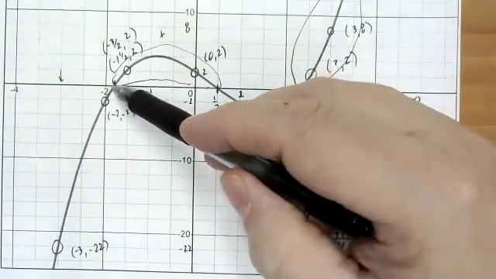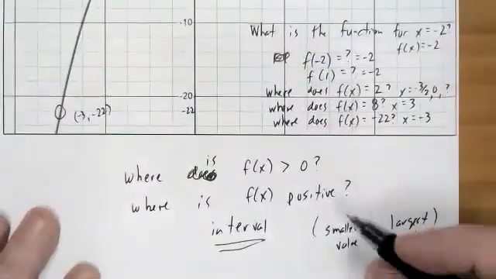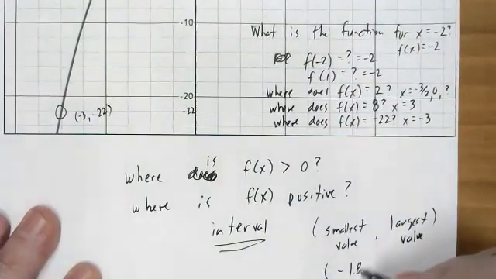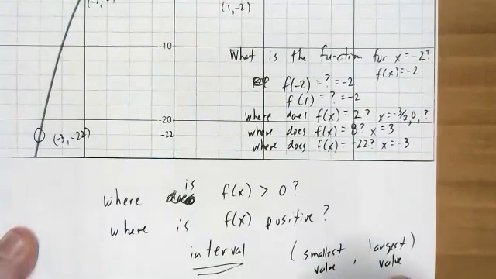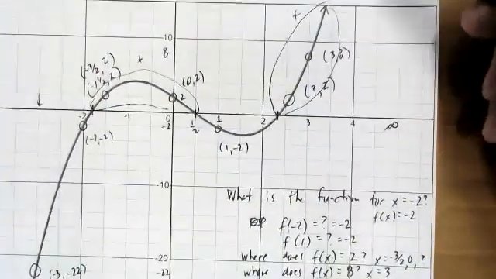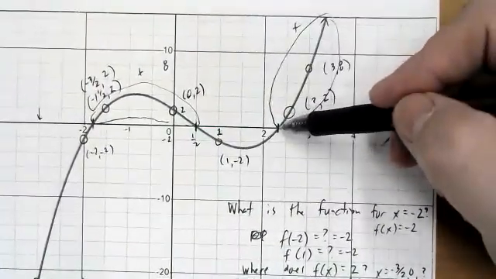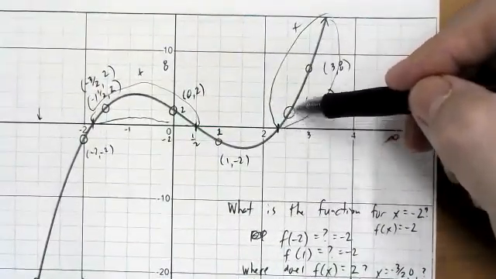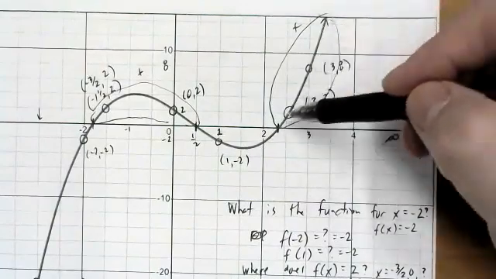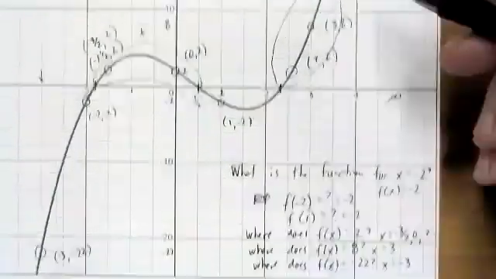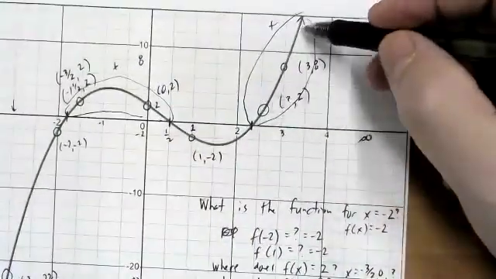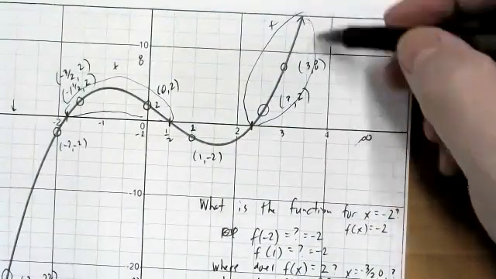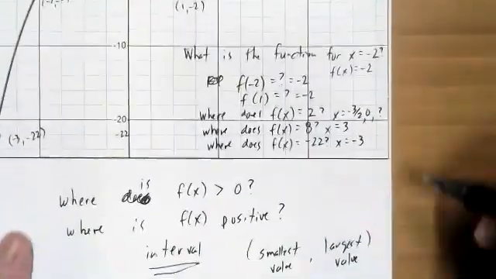So we go from negative 1.8 to 1/2. And there's another one. And once again, this is the smallest value of x for this part of the graph. We'll say it's maybe 2.3. Starts at 2.3. And since this goes on forever, what is x going to be?